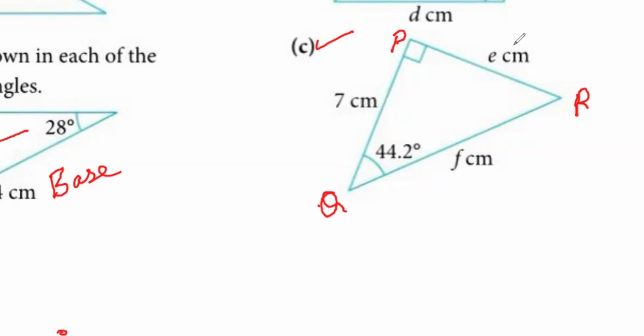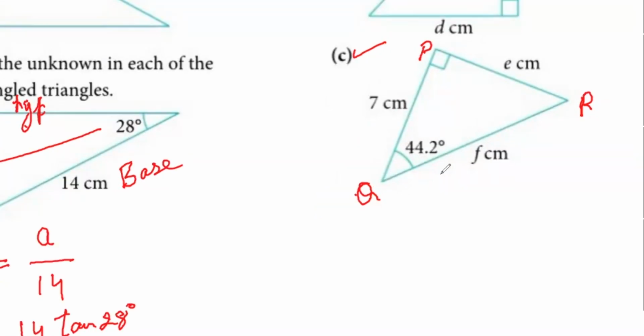First of all, let us discuss about E side. What is E? Is it perpendicular or is it base? The side opposite to the angle under consideration, because we are considering this Q angle which is given. So against this angle, the side is called perpendicular. With the help of the given side, you can see that we have this given side which is 7 centimeter, which is the base now, because we are considering 44.2 degree angle, and opposite that angle is perpendicular.